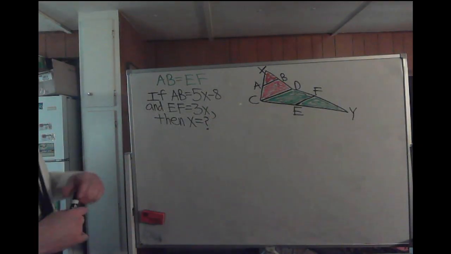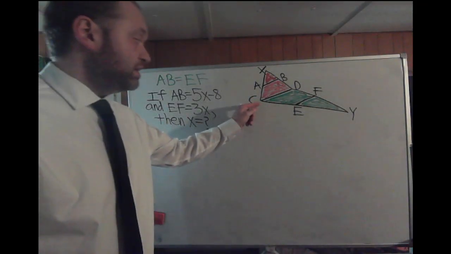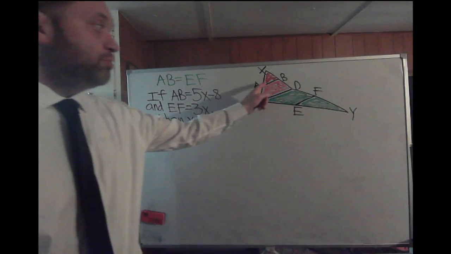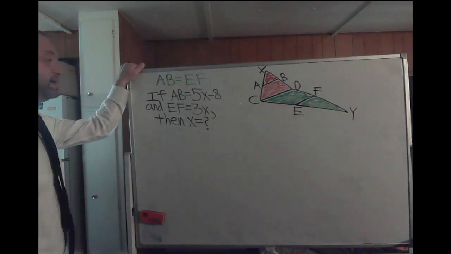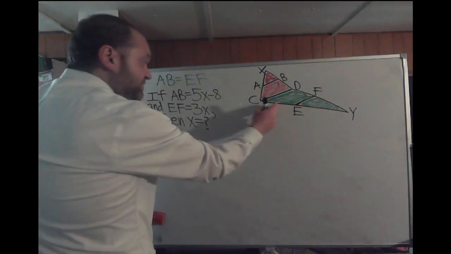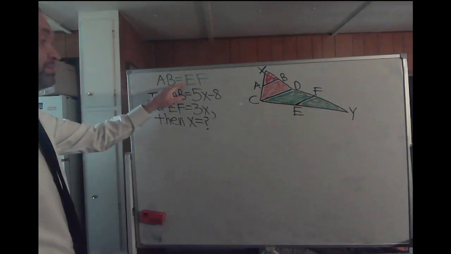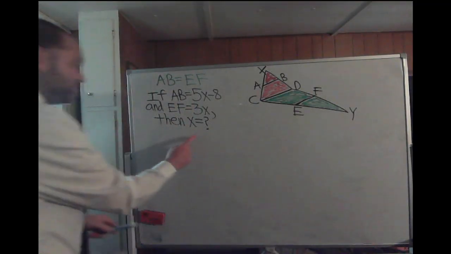Well, let's start with the fact that line CD is the base for both of these triangles, right? And since both AB and EF are equal to half of CD, that means AB has to equal EF. This fact is about to really come in handy.